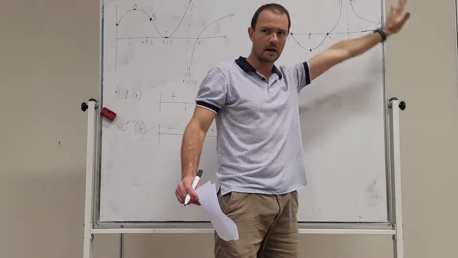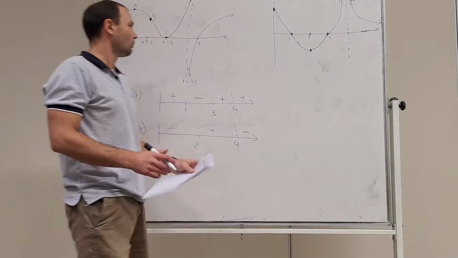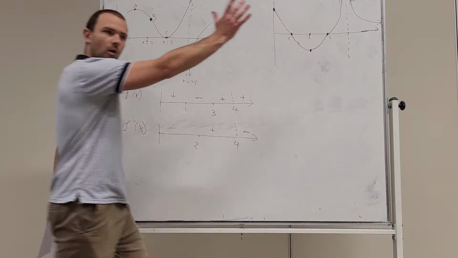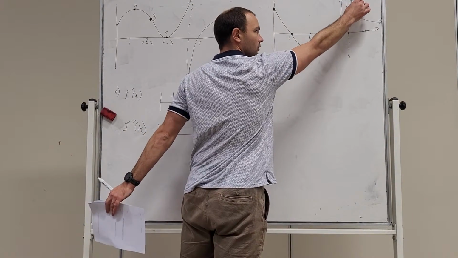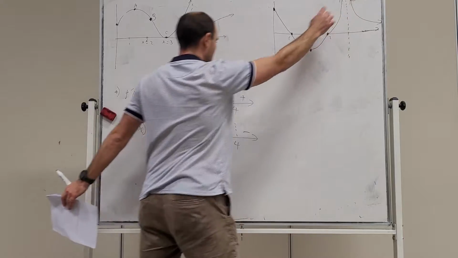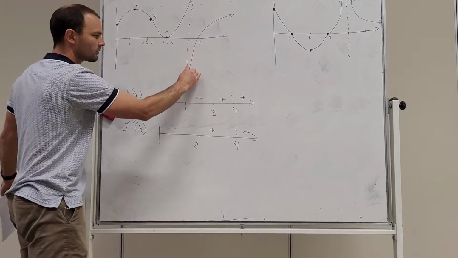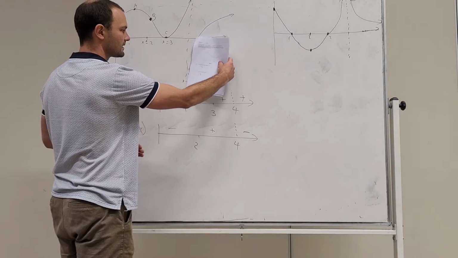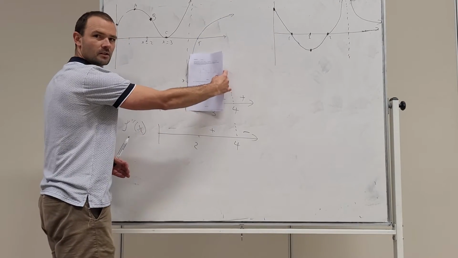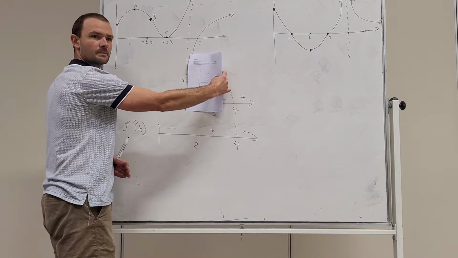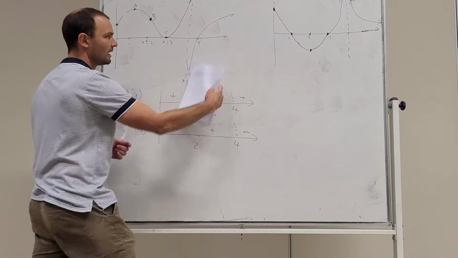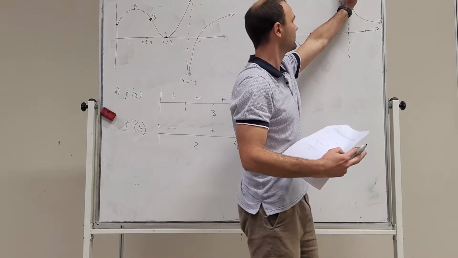Okay, let's talk about this part to the right of the asymptote. What's going on there? Well, this is the slope function, and it's telling you about the slope. Now notice, the closer and closer we get to this asymptote, the steeper and steeper the line gets. So the slope is more and more positive the closer you get to x is 4.